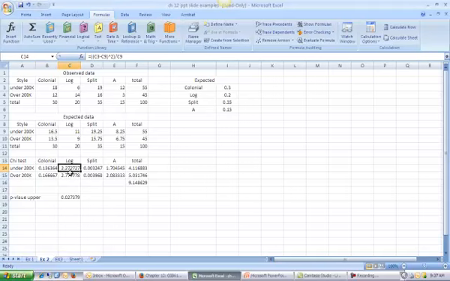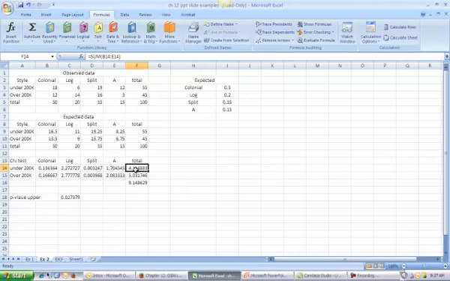Moving over then to my log, I observed 6, I expected 11, divided by that 11. Then moving over to my split, I observed 19, I expected 19.25, divided by that 19.25. And so I'm going to do this across all of the rows and columns.